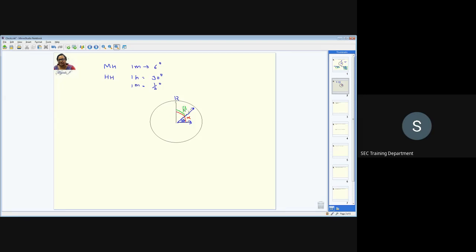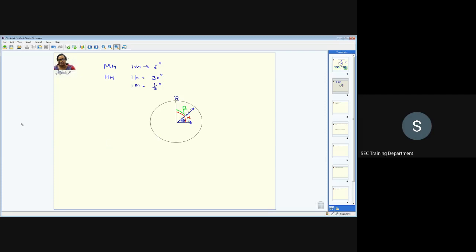Is it clear now? I'm considering this as the reference line. With respect to this reference, the angle formed by the hour hand I consider as alpha, and the angle formed by the minute hand I consider as beta.